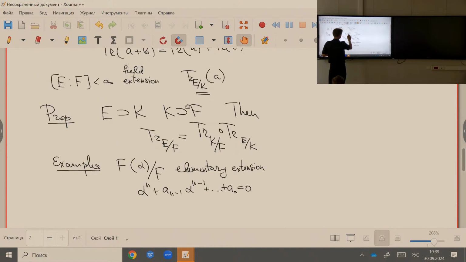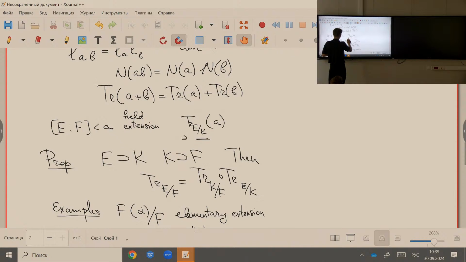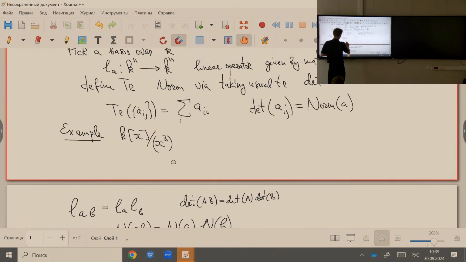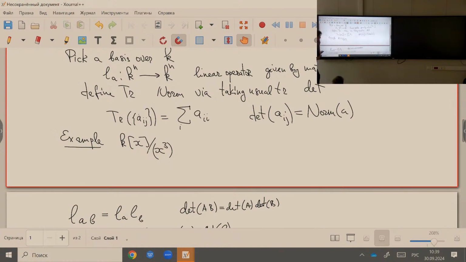Notice what is important about the bases here. As a remark for the calculation of the trace: when you calculate the trace, it is not important over which field you calculate it. Notice that this is a linear operator, already given by this matrix.